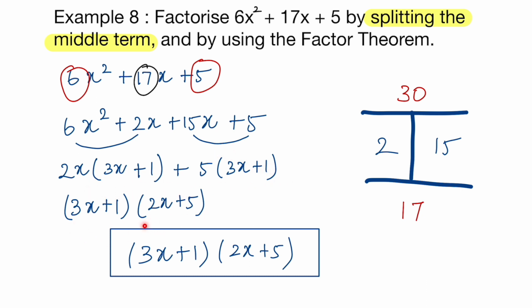When you take that out, you are left with 2x plus 5. So that gives you the answer 3x plus 1 and 2x plus 5. And that is the factorized form of this polynomial 6x squared plus 17x plus 5. Now with that, we have solved the first method to solve this question, which is by splitting the middle term.